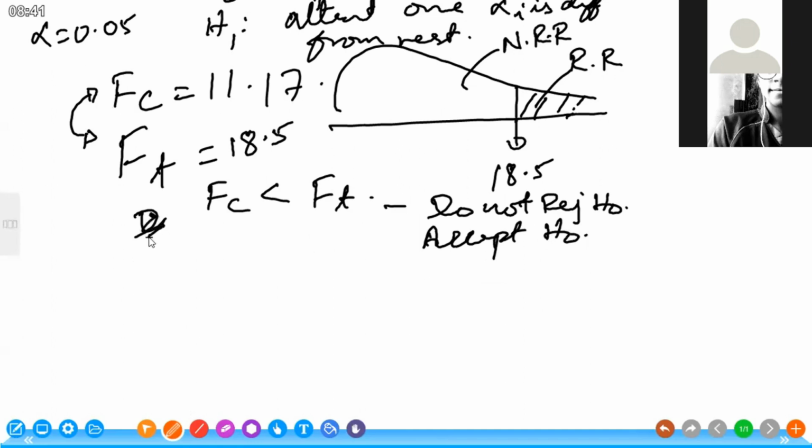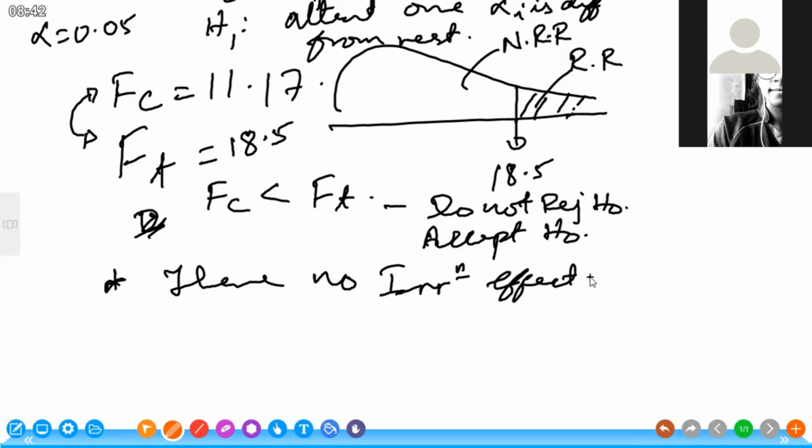So, what is my conclusion? There is no irrigation effect. Or, if you want to write it more nicely, what were the two irrigation types?